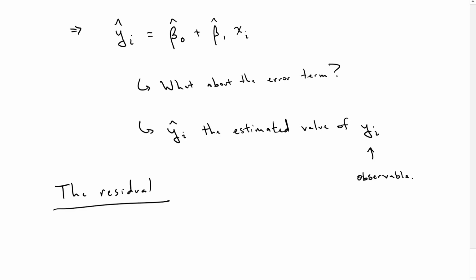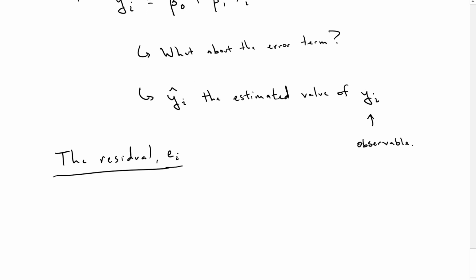the residual, which is not epsilon, but just e. This is something that we can observe. Okay, the residual, denoted ei, is the difference between the true yi and the estimated yi hat.